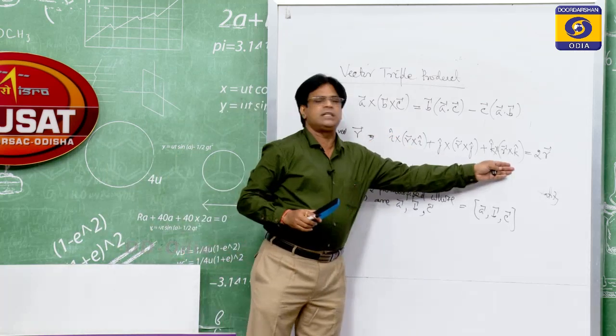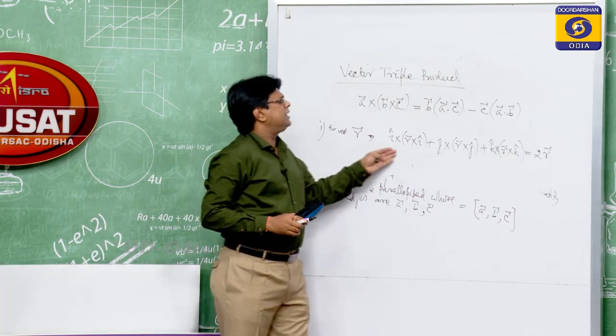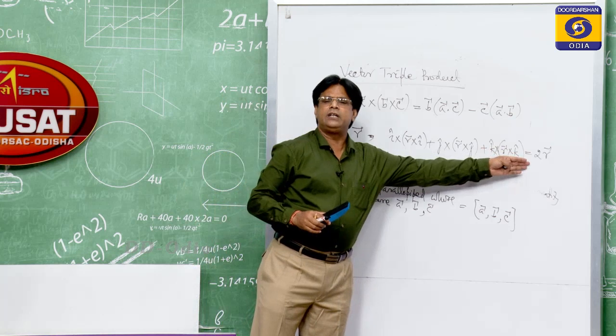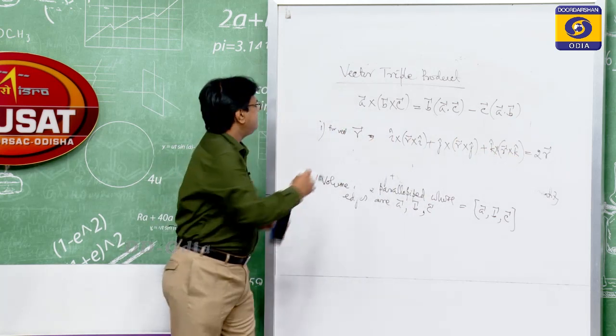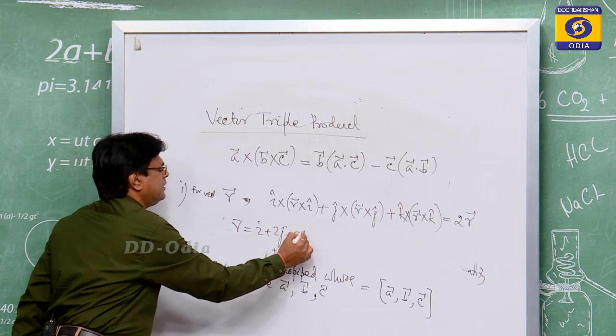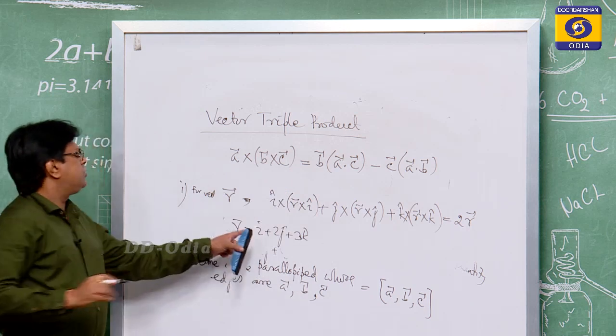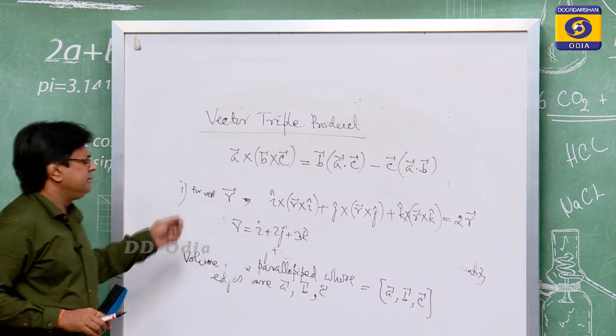If this question is given in a multiple choice or any objective question, you have to write only 2 into R vector. Suppose R vector is given as i plus 2j plus 3k, then the answer will be 2 into (i cap plus 2j plus 3k cap), that is 2i plus 4j plus 6k.